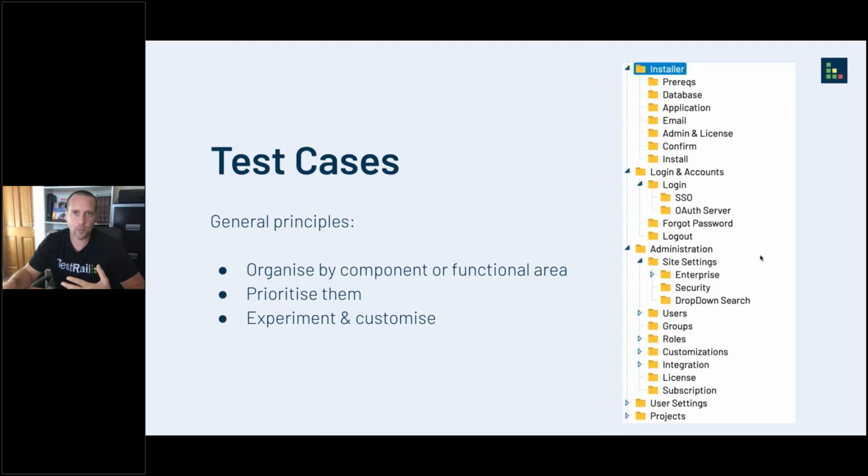So generally speaking, we recommend organizing your tests by component or functional area or feature. TestRail sections can be organized and subsections in pretty much any way you want. So you should be able to find a way to do this that aligns with how your product is structured.